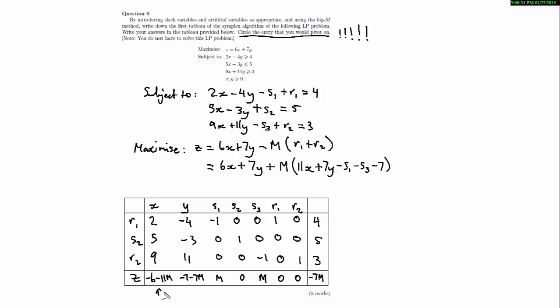So this is the column we'll be looking at. Now we look at the ratios 4:2, 5:5, and 3:9, and find the least non-negative ratio, which in this case is 3:9. So our pivot element will be this entry of 9 here. And that's it for this question.